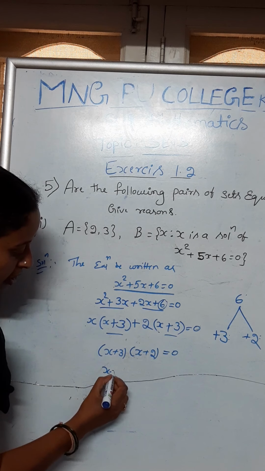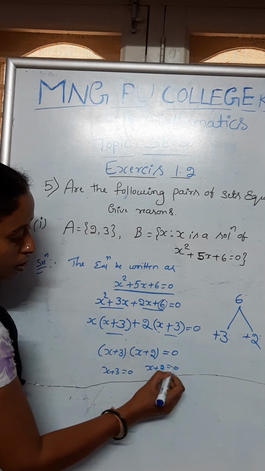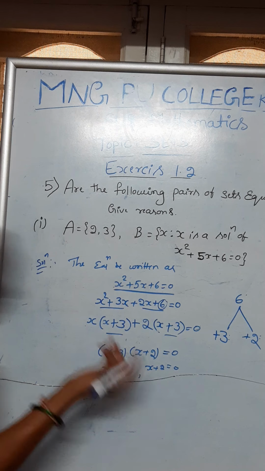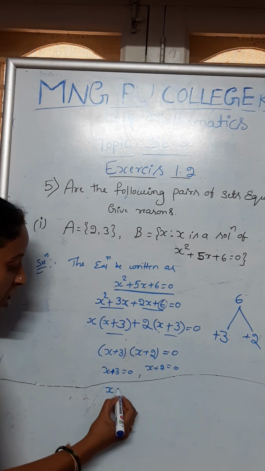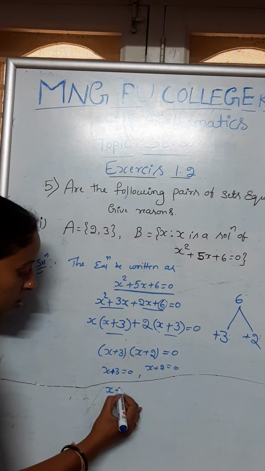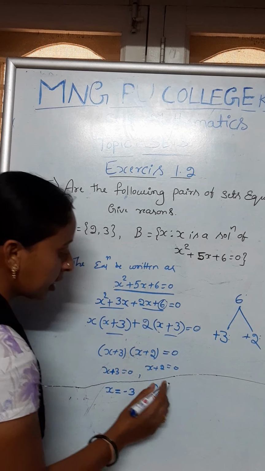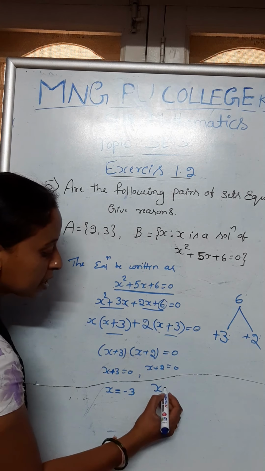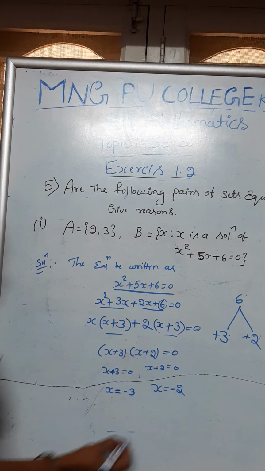Now x plus 3 equal to 0, x plus 2 equal to 0. If we transfer from LHS to RHS, plus changes to minus, so x equals minus 3 and x equals minus 2.